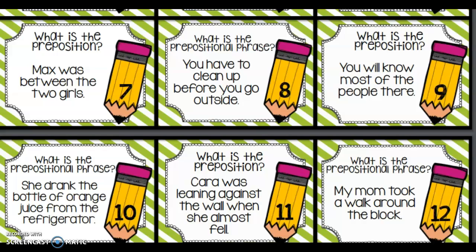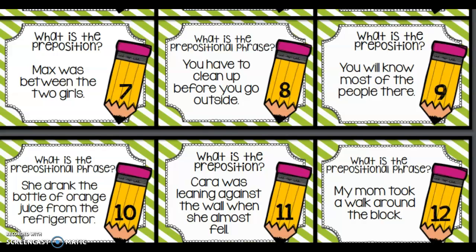If it's asking you for the preposition, for example on number 7, you would just write the number 7 and then next to it, just that one word, the preposition that's in the sentence for number 7. For number 8, you would simply type number 8, and then you're going to include the prepositional phrase.